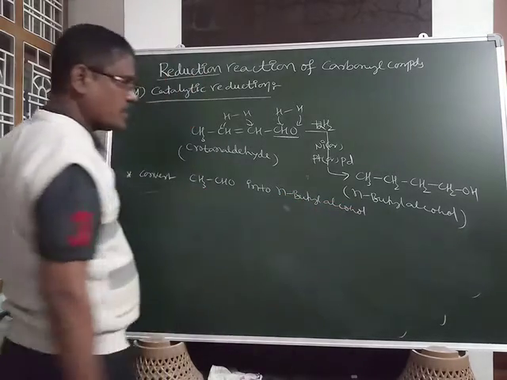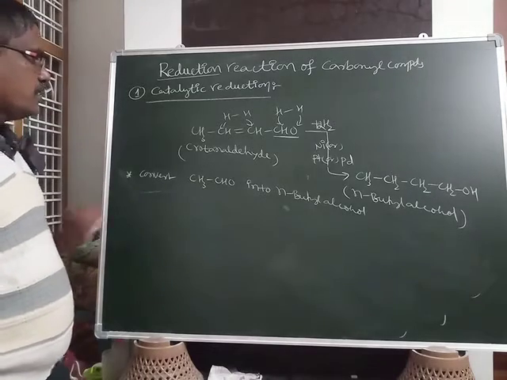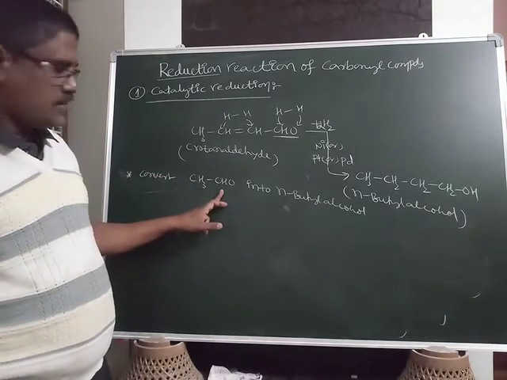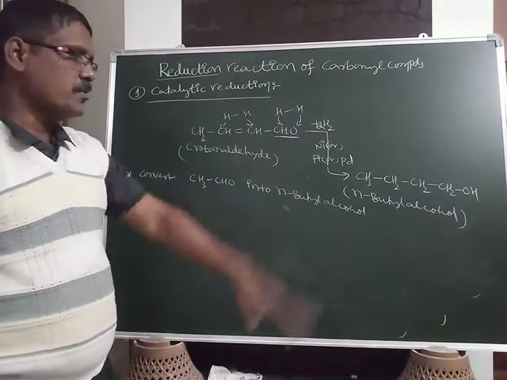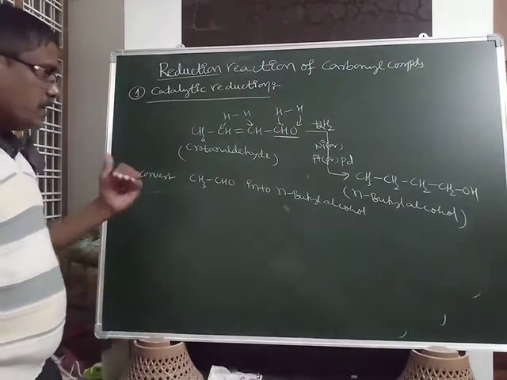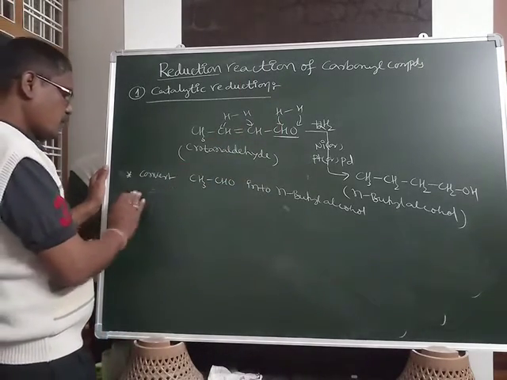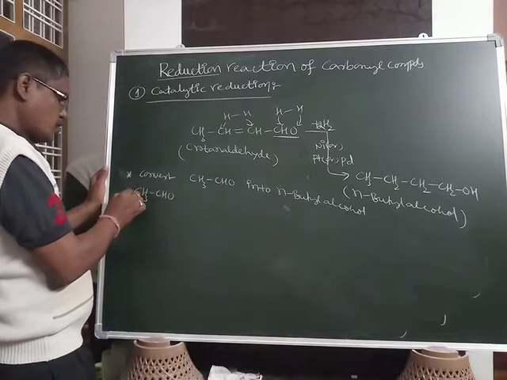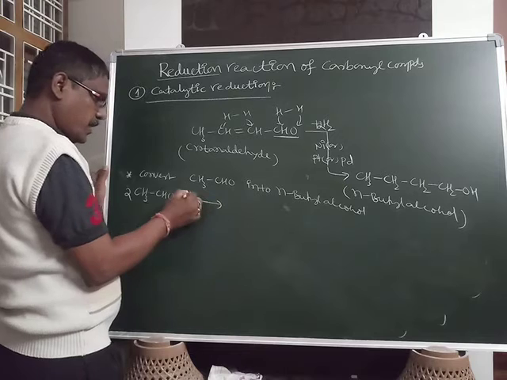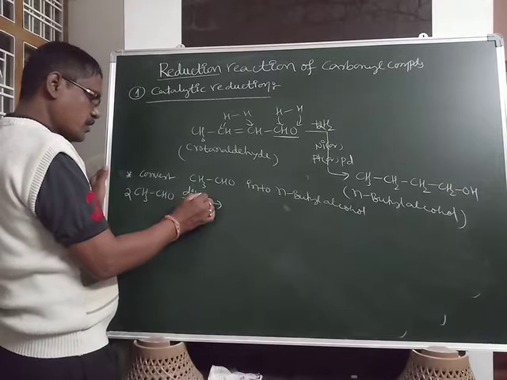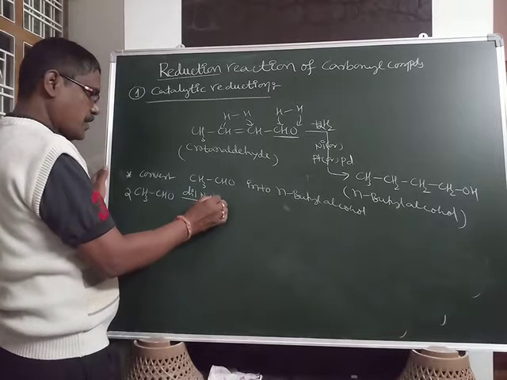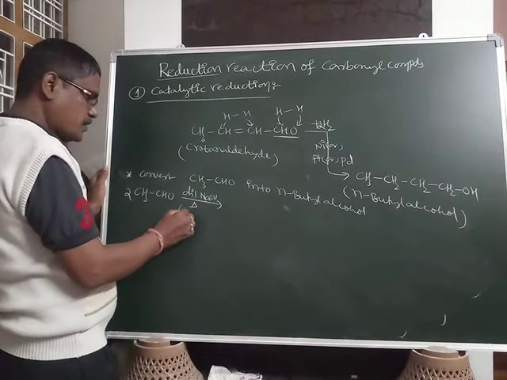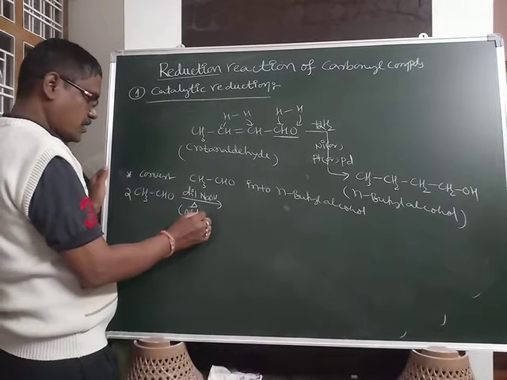This is one conversion. Convert acetaldehyde, CH3CHO, into N-butyl alcohol. In this reaction we have 2 reactions. One is 2 moles of acetaldehyde in the presence of dilute NaOH and heat, this is called aldol condensation.